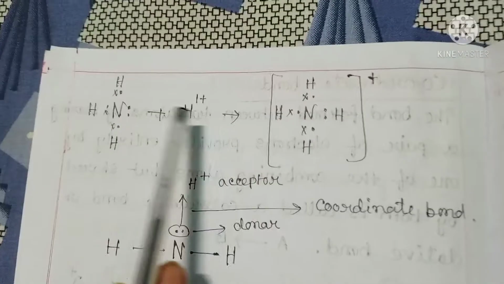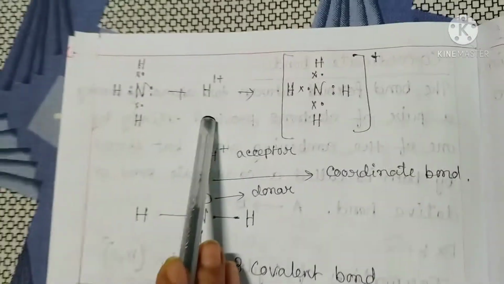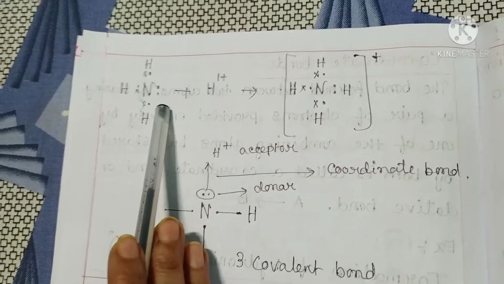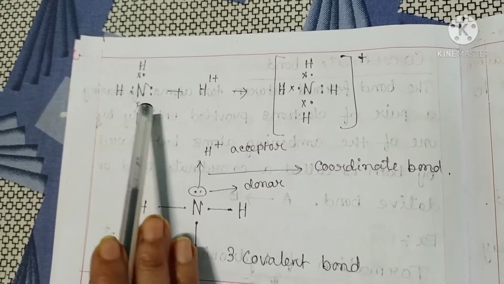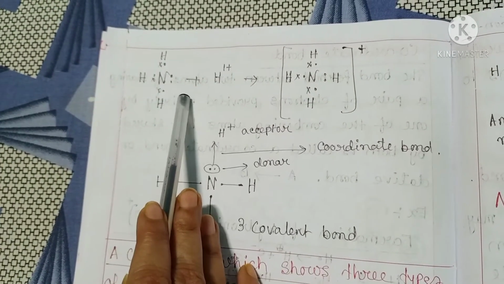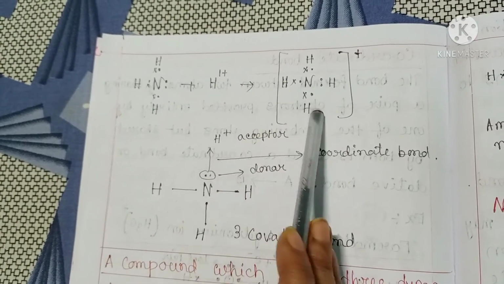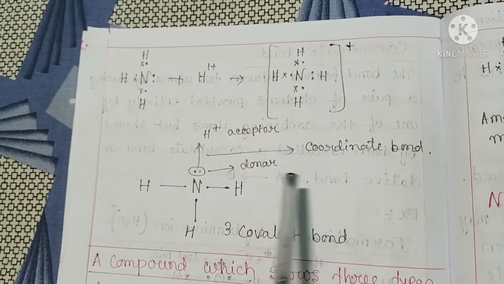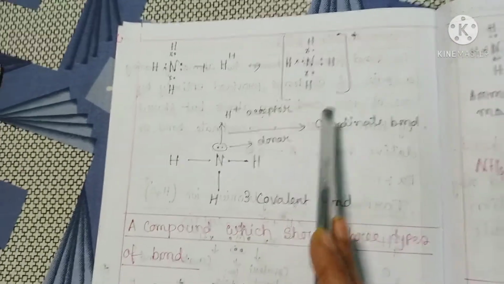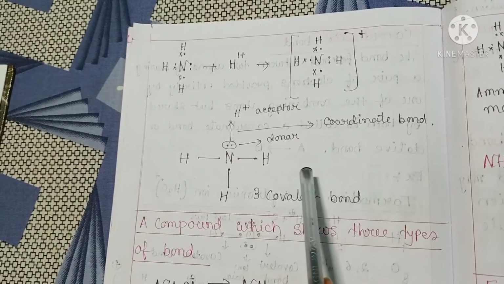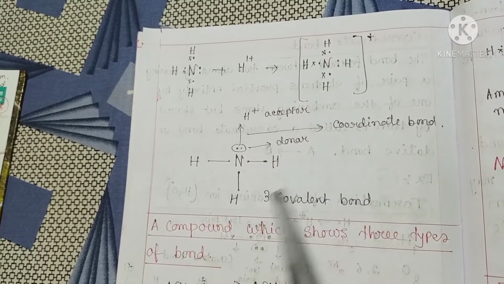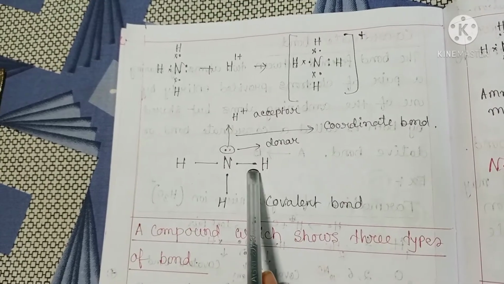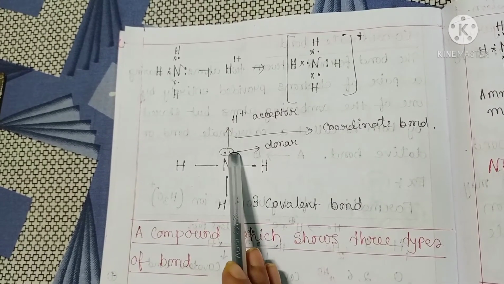The hydrogen ion from water accepts this lone pair of electrons of the nitrogen atom of the ammonia molecule, leading to the formation of a coordinate bond and forming the ammonium ion. So, the ammonium ion has 3 covalent bonds and 1 coordinate bond.